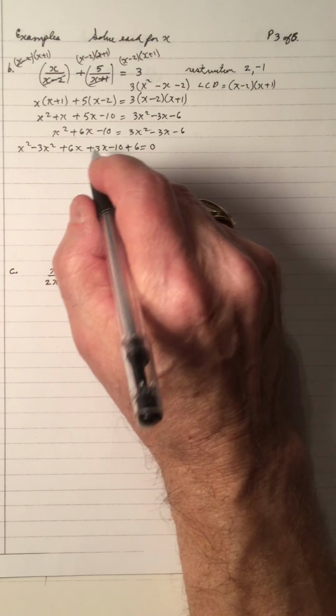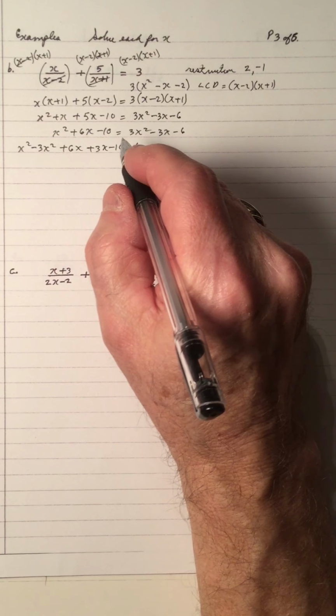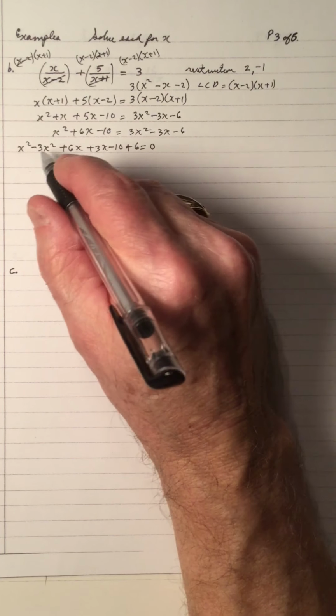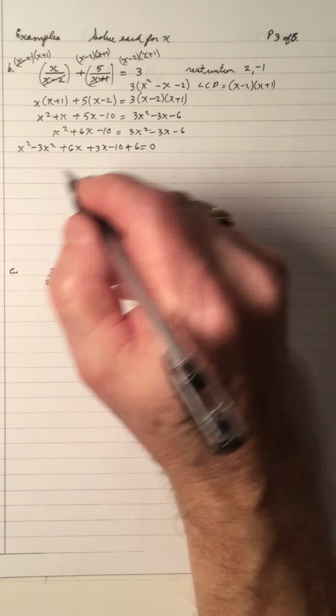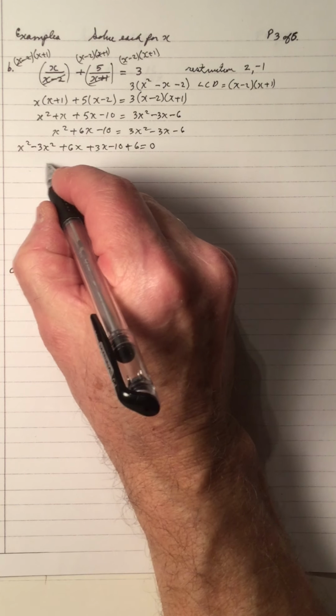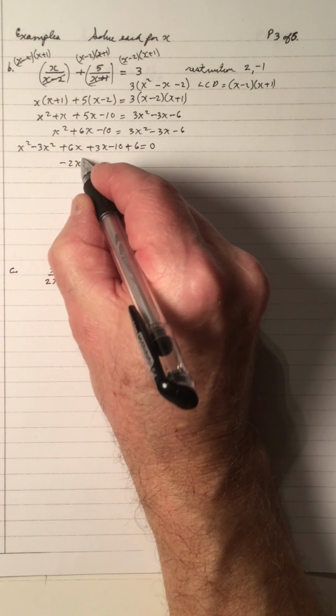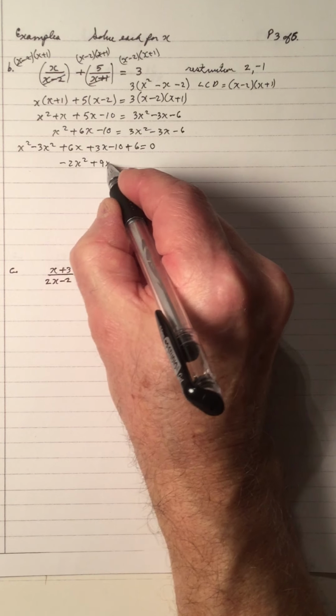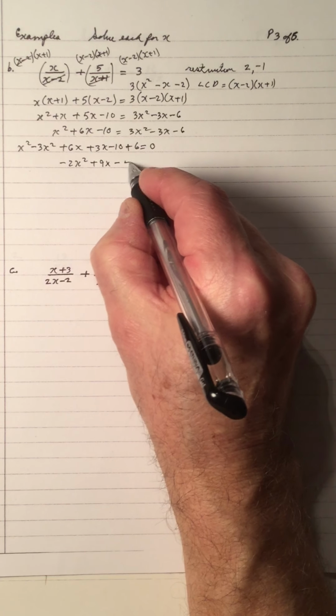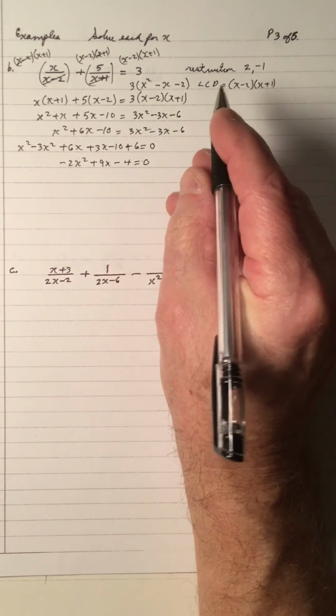This is discussed fully in the section on solving quadratics. That's another unit, a long unit on the parabola. Descending order, so we simplify. We get negative 2x squared plus 9x minus 4 equals 0.